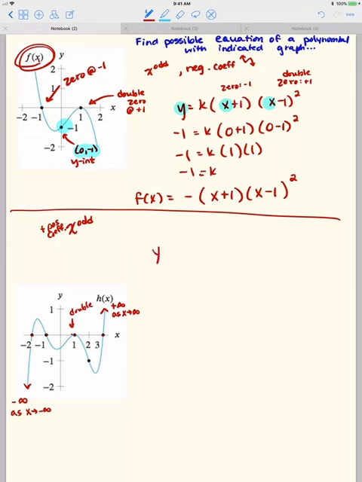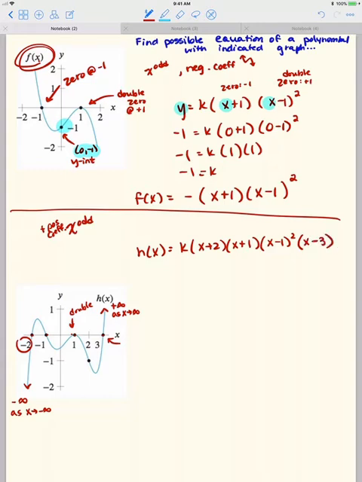So if we start with our function, which I'll call h of x because it's in the graph, I'll just start here on the left side. I've got a constant, a 0 at -2, so I'll do x plus 2, 0 at -1, so I'll do x plus 1, a double 0 at +1, so I'll do x minus 1 squared, and then another 0 here at 3, so I'll do x minus 3.